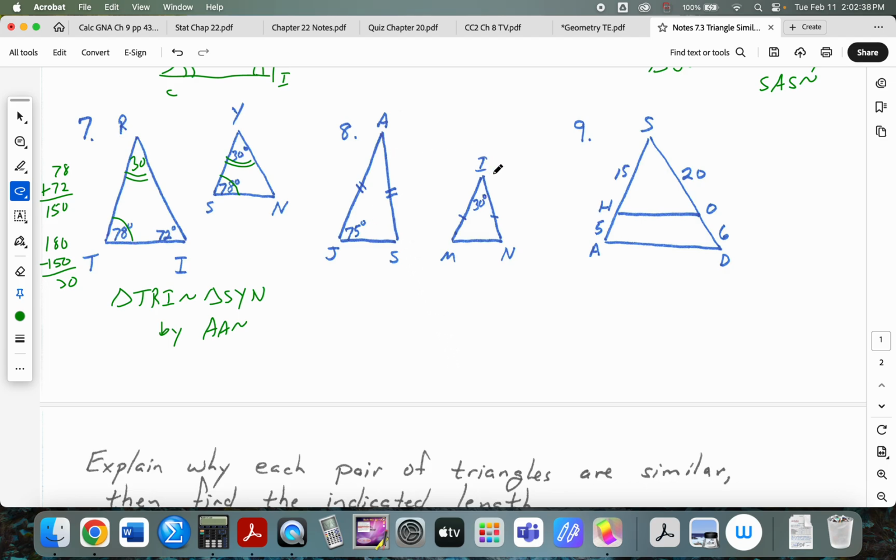All right, this one is similar to one that was in your book for homework last night. Since this is an isosceles triangle, the two base angles are the same, so this is 75. And 75 plus 75 is 150. From 180, we already did that just a second ago, this is 30 degrees.